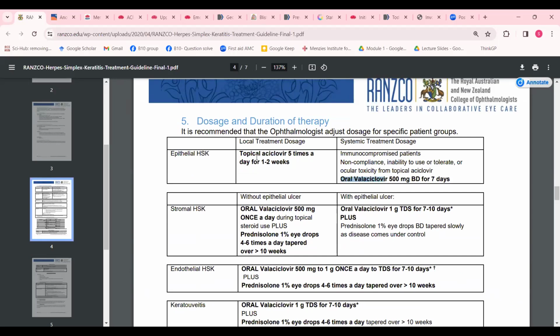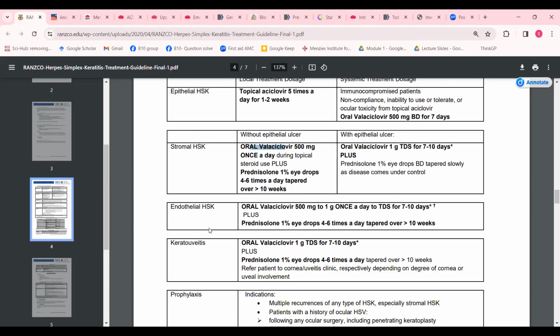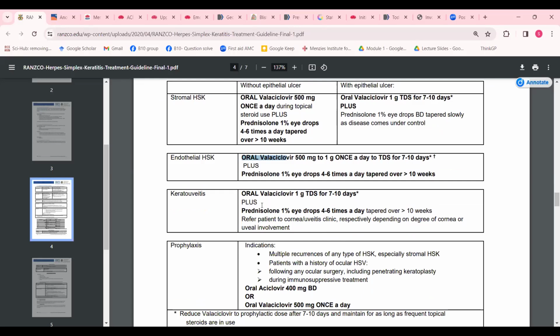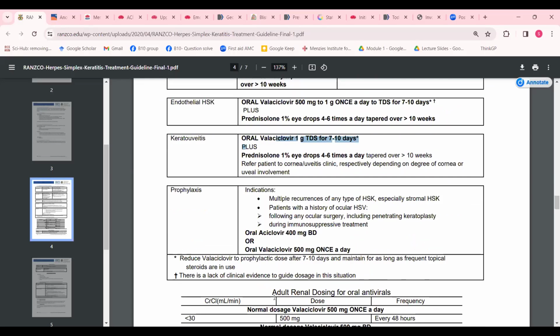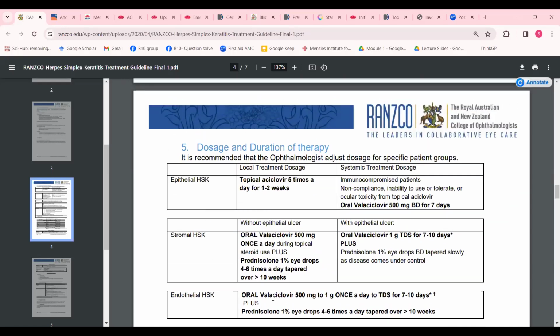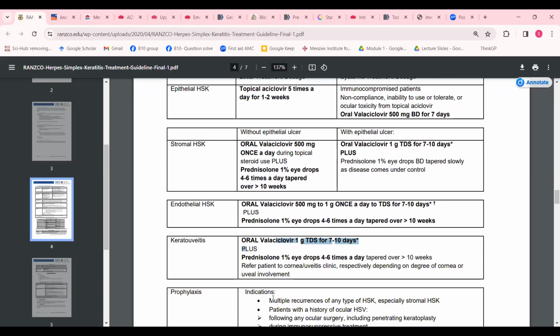So local, topical; systemic, oral. Reasonable, right? Then for stromal ulcer, oral valacyclovir. Then for endothelial, again oral valacyclovir. So it's either topical acyclovir or oral valacyclovir most of the time. If you remember it like that, that's more than enough for you to answer that question.